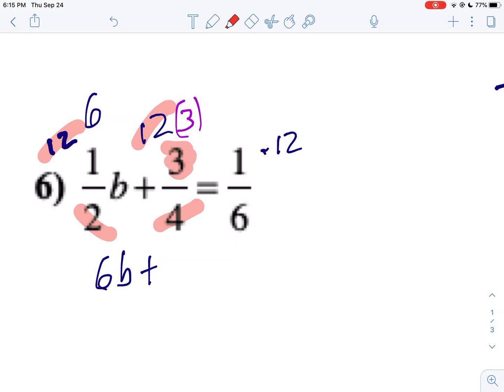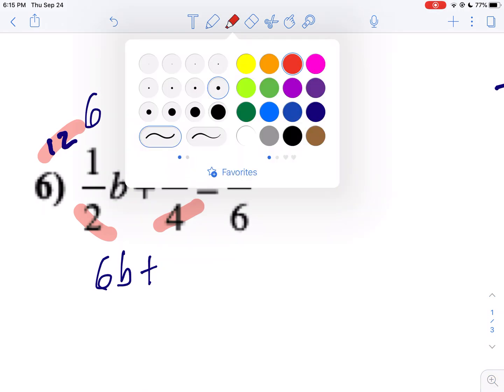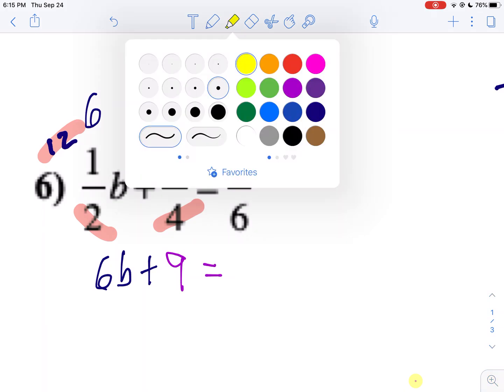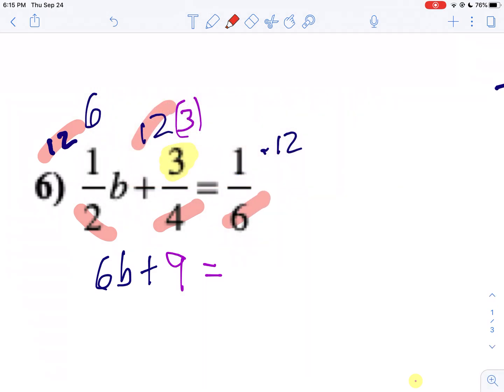So 3 times 3, but I don't want the red because red I'm using to cancel. So 3 times 3 is 9. Equals, well, 6 goes into 12 how many times? Well, it goes in there 2 times. 2 times 1 is 2.